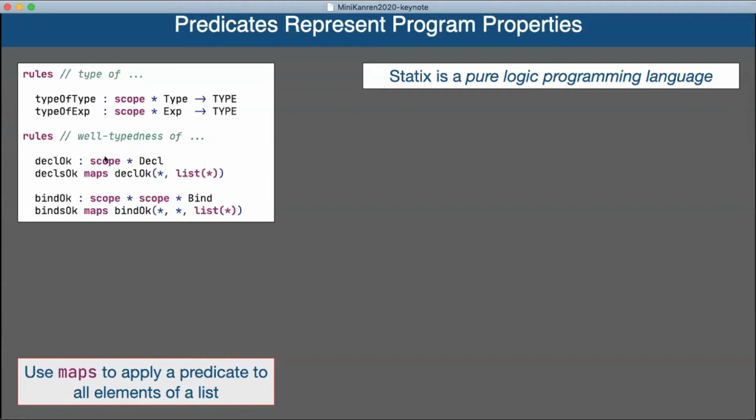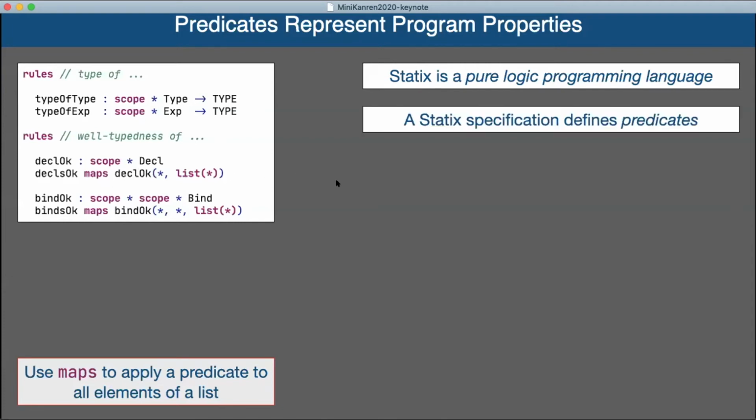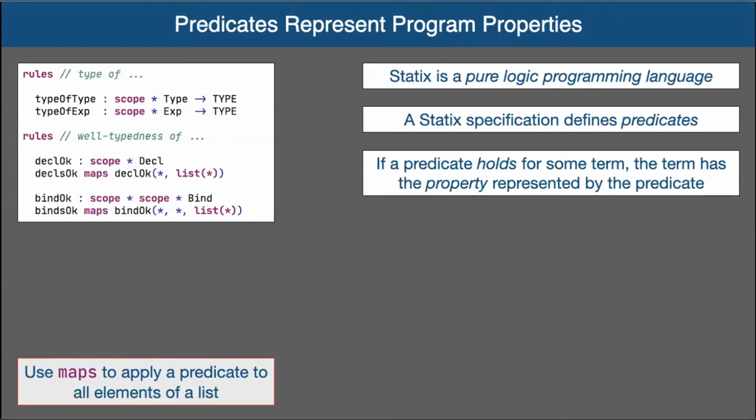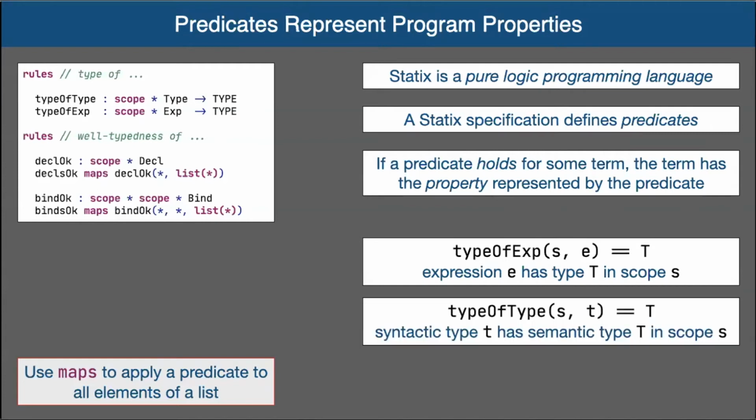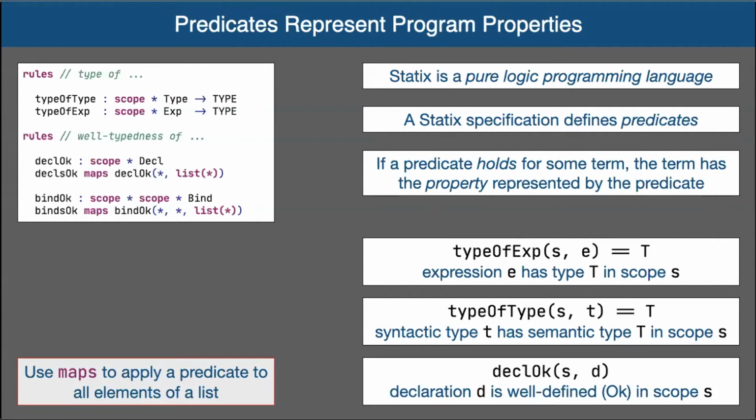It says this is the type of this expression. We can also have predicates that define the well-formedness of constructs, like this declaration is okay, or these declarations are okay. If a predicate holds for a term, then the term has the property represented by the predicate, for example type of exp, or type of type, or level of type.